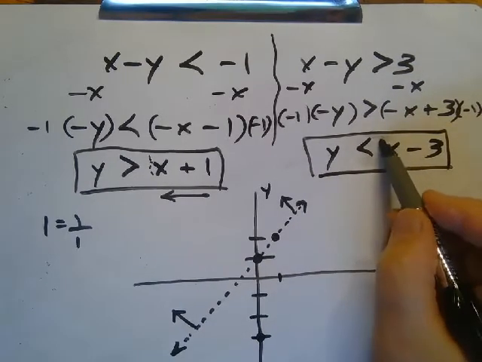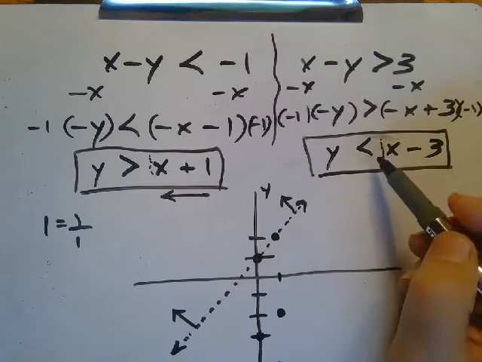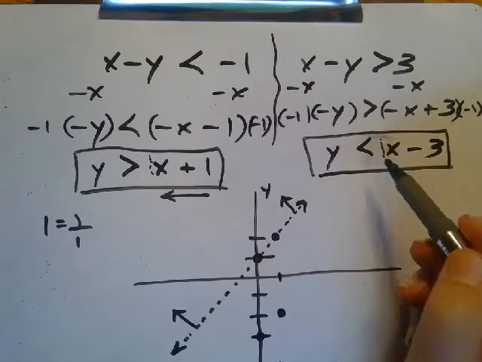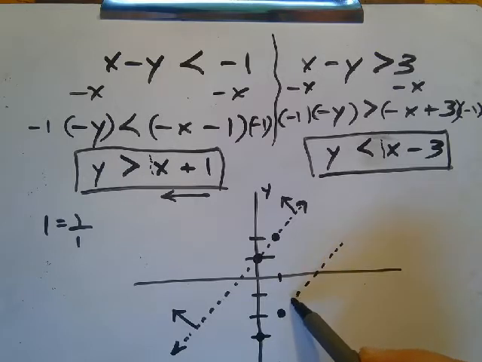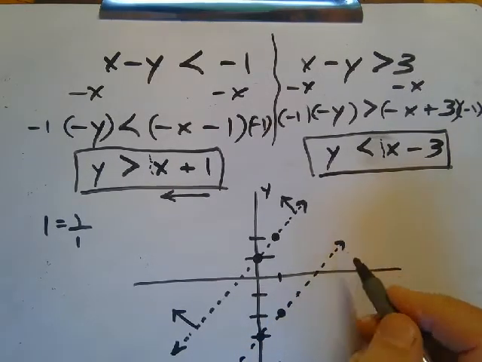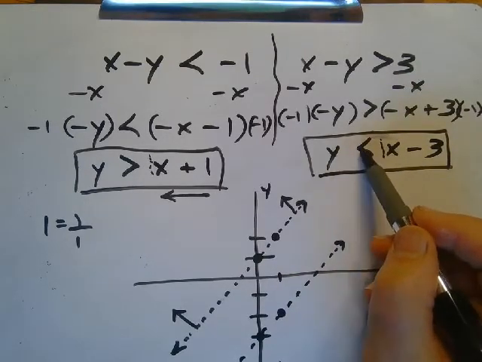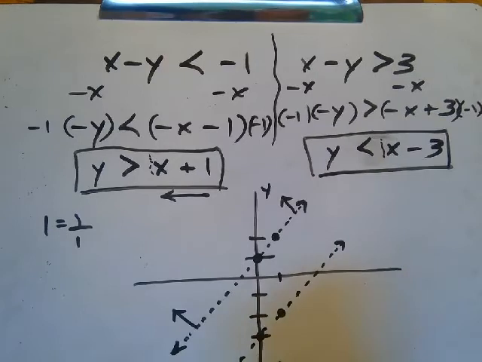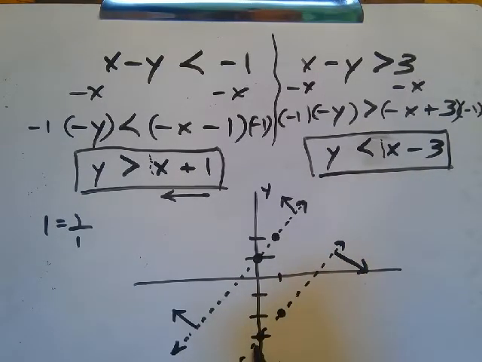Slope is again 1, rise of 1, run of 1. The line is not equal to, so it's a dashed line again. And then less than, I want all the y values less than the line. Well, that means they would be down here, down below, okay?